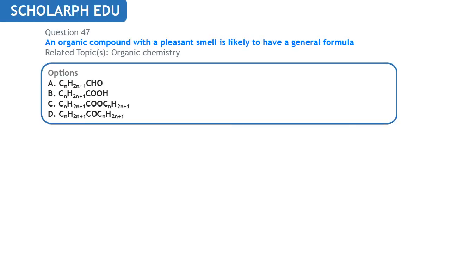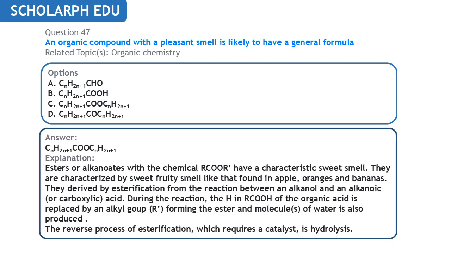An organic compound with a pleasant smell is likely to have a general formula. That compound must be an alkanoate, or an ester, because we say ester or alkanoate. So alkanoates have a characteristic sweet smell, and the general formula is RCOOR prime, where R is CnH2n+1.